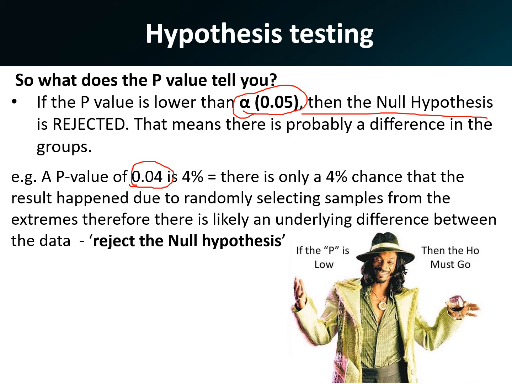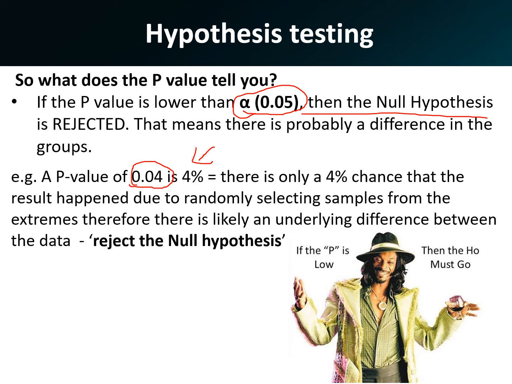So we can be pretty confident, 96% confident in this one, that there is a difference in lung capacity of women based on smoking. And so we can reject the null hypothesis because we're more than 95% sure of it.